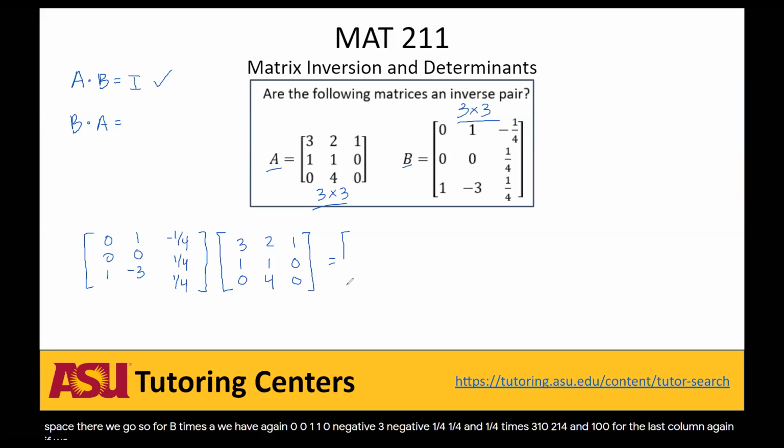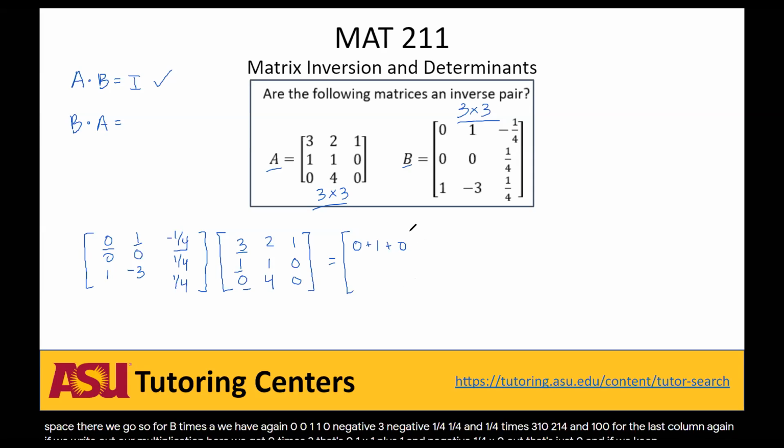If we write out our multiplication here, we get 0 times 3, that's 0, plus 1 times 1 plus negative 1/4 times 0, that's just 0.